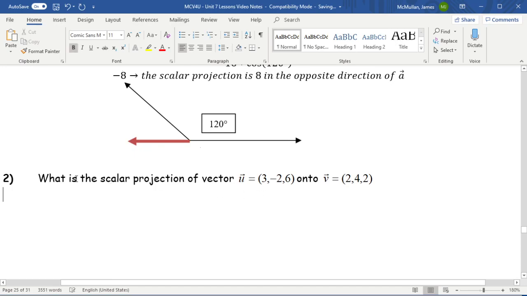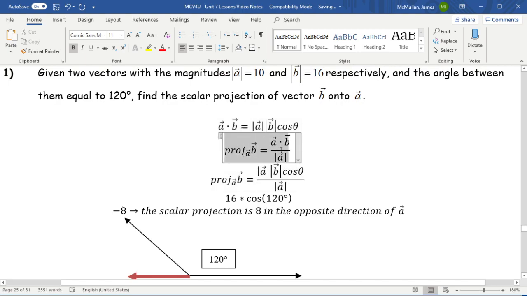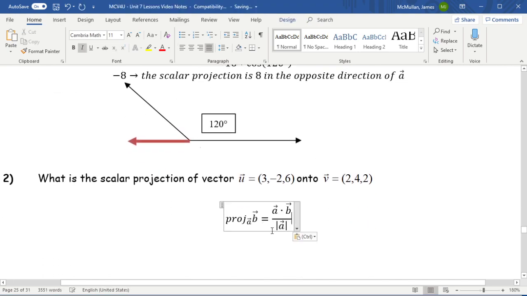Okay? Okay, what is the scalar projection of vector u onto vector v? So again, let's write this out. So the scalar projection of vector u onto vector v, remember the onto part is under onto v, okay, is u dot v.